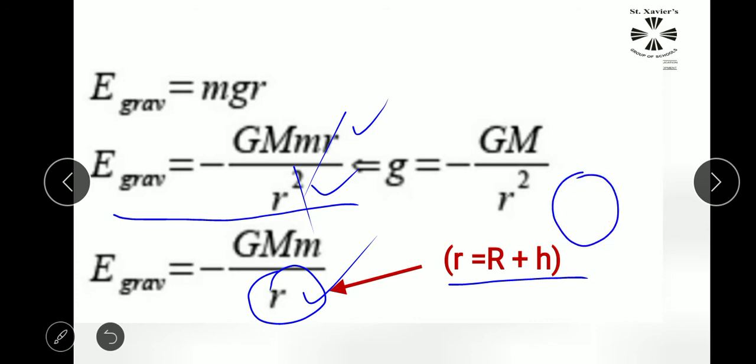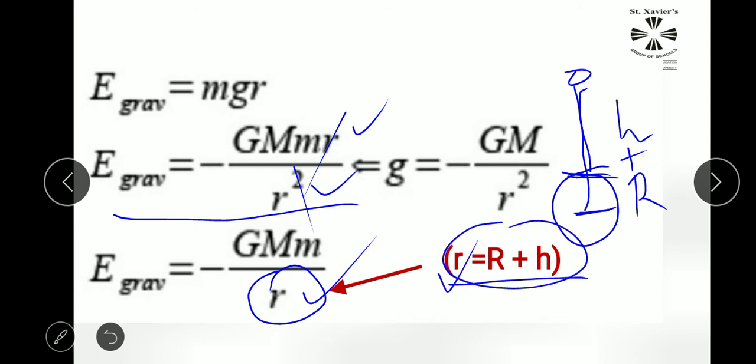Suppose there is earth and there is an object. Now the distance between center of the earth and object: first part, from the center to the surface of the earth, is nothing but radius of the earth, and when you go above the earth surface, this is height, so it will become R plus h, students.